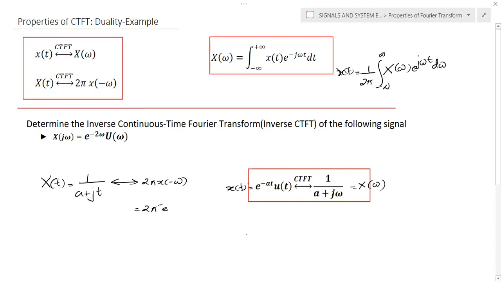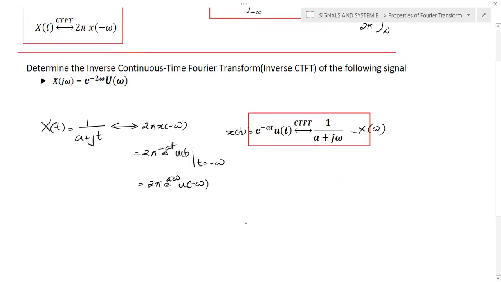So that is e raised to minus at into u of t. In this particular equation, we need to substitute t is equal to minus omega. And now if you substitute t is equal to minus omega, it becomes e raised to a omega into u of minus omega. So now we got almost similar to the previous question, but we need slight modification.